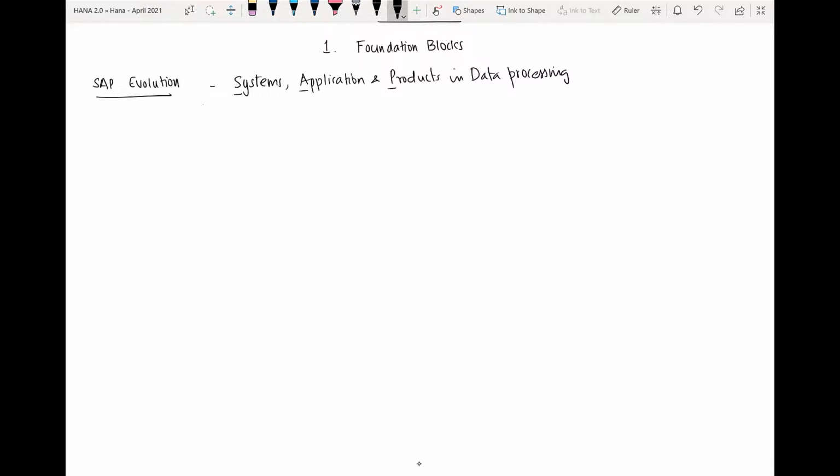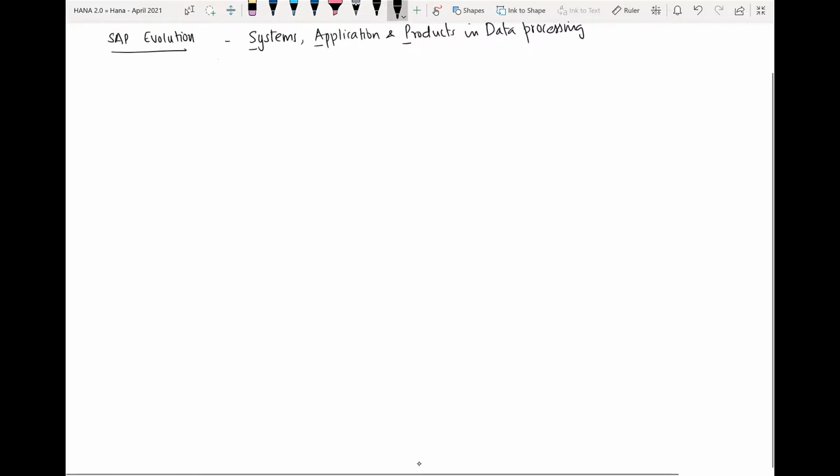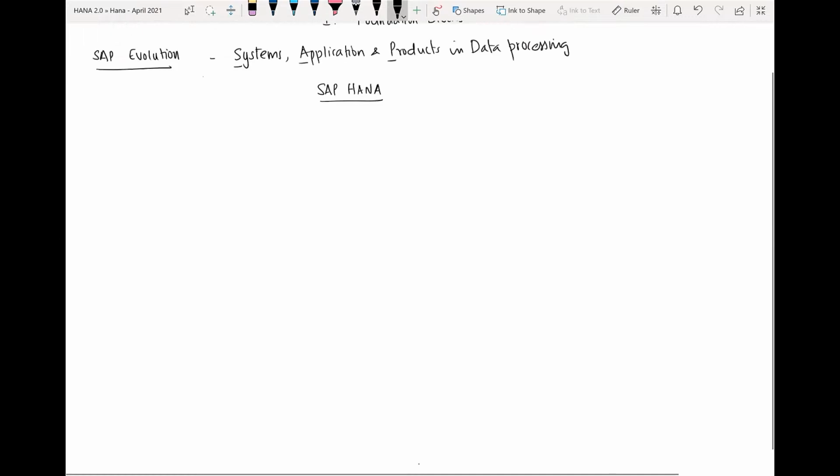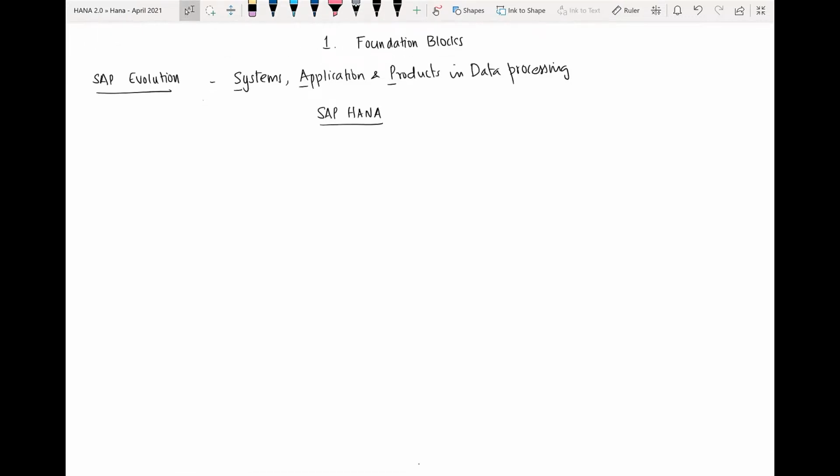But since we are starting off with SAP HANA, I'll first tell you that when SAP HANA started in 2010, the name HANA used to be an acronym. HANA stood for High Performance Analytical Appliance.